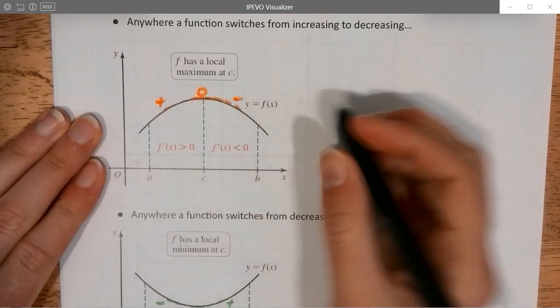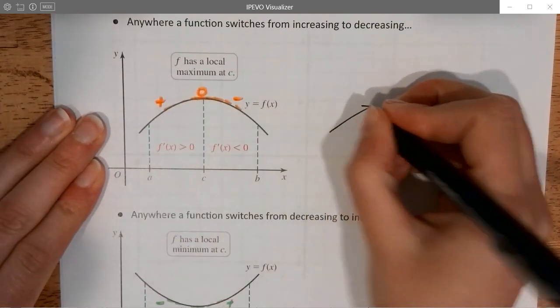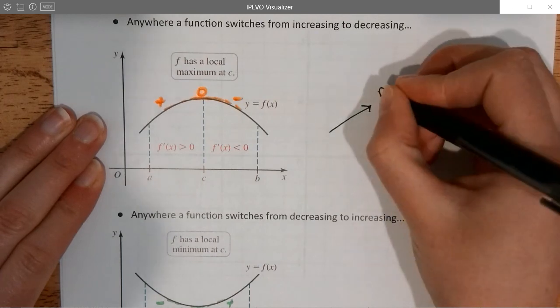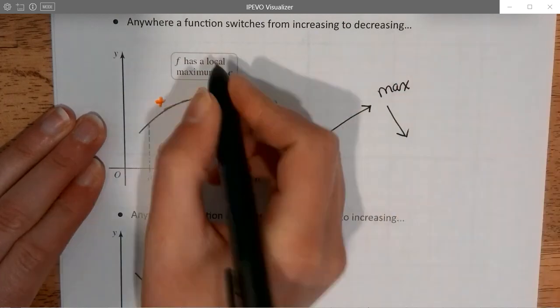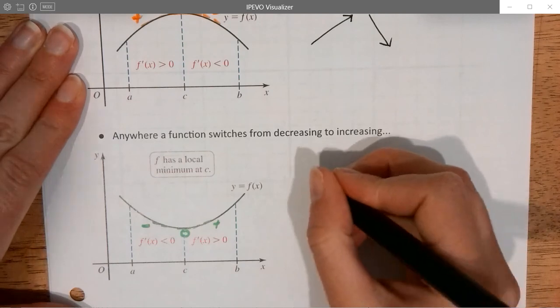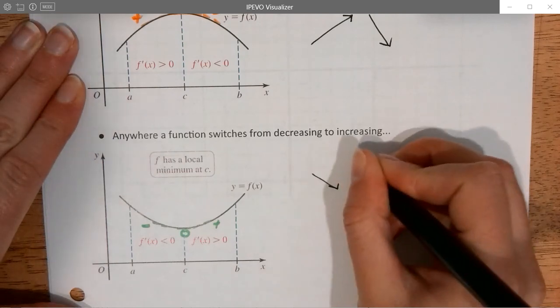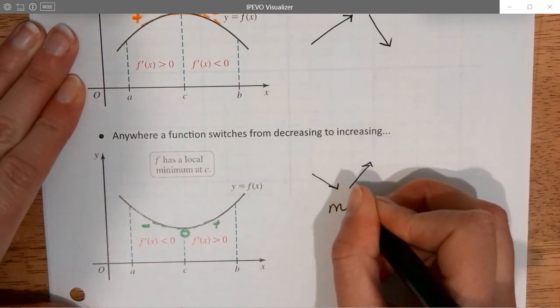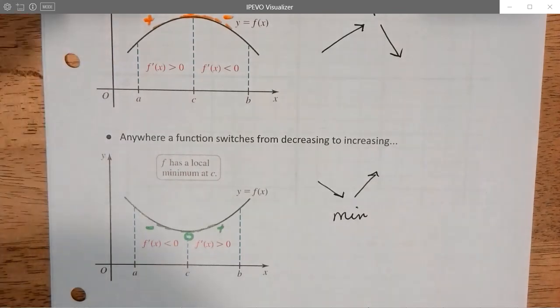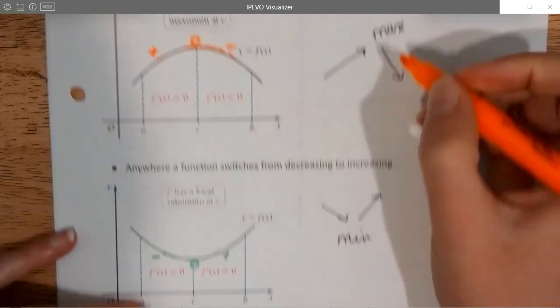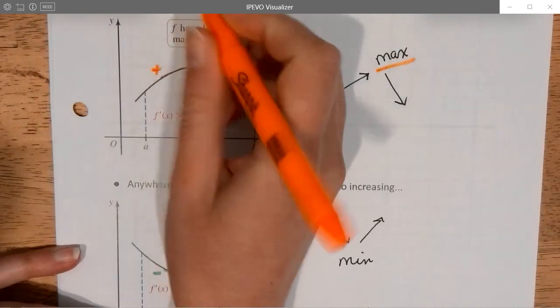If I switch from increasing going up to decreasing going down, we have specifically a maximum. And if we switch from decreasing going down to increasing going up, we have specifically a minimum. So not just that we switch, but in which way we switch classifies the extrema as maximum or minimum.